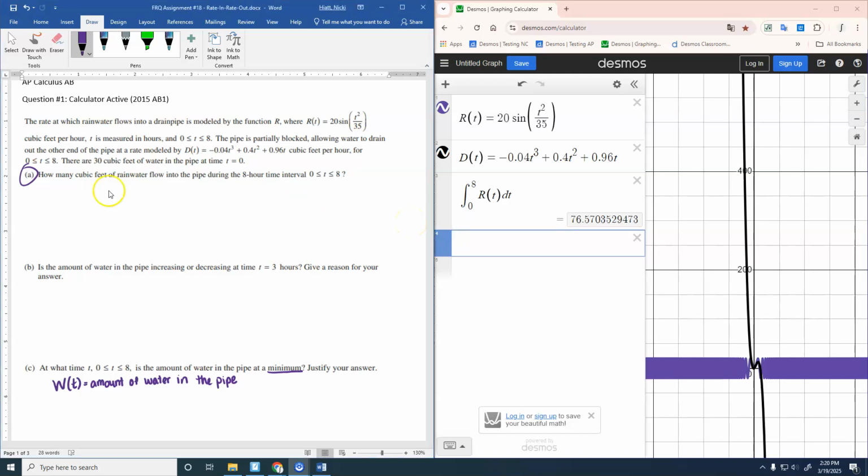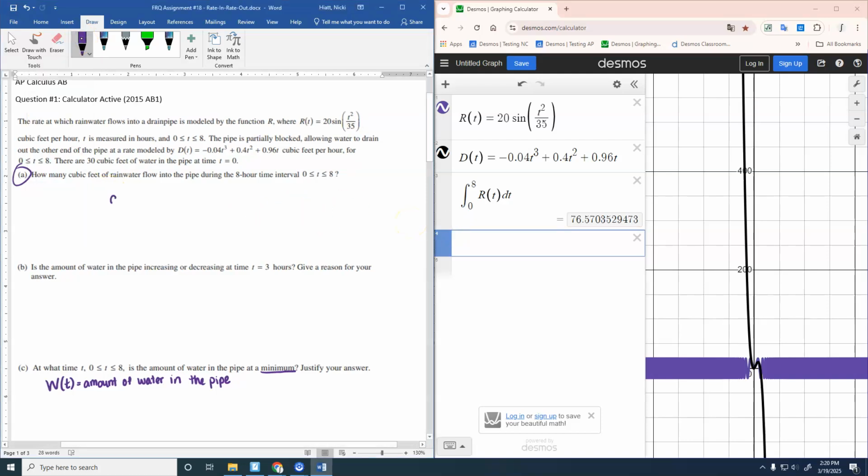So you just have to do the integral from 0 to 8 of R of t dt, and the calculator tells us that that is 76.570. And I would put cubic feet there.